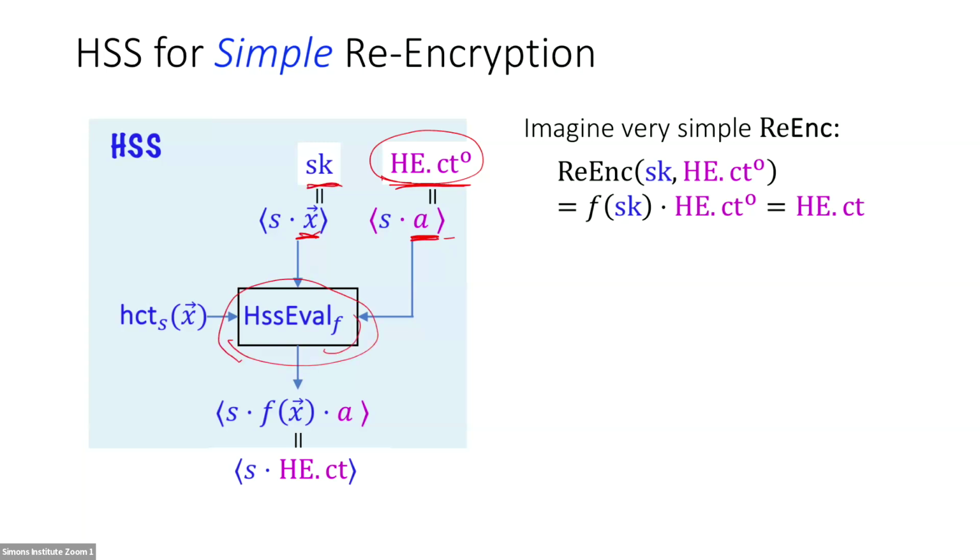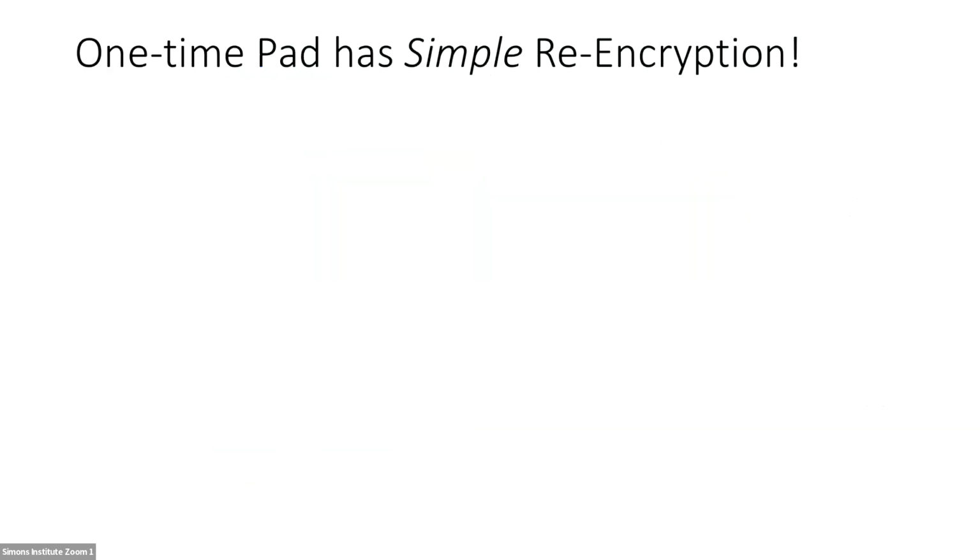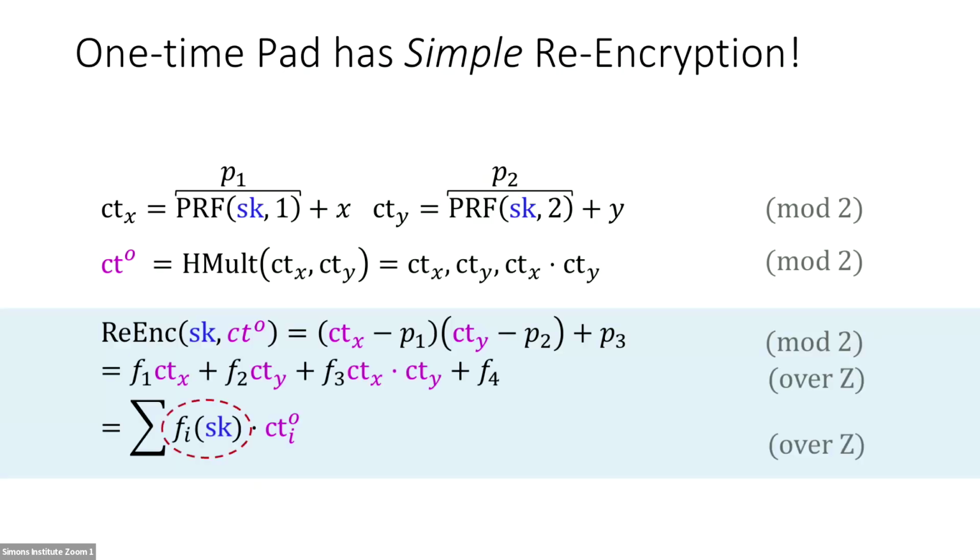And HSS takes responsibility of computing some complicated function of the secret. It can also do something slightly more complex, basically add an additional sum on top of this. So essentially, I need a homomorphic encryption where the re-encryption is a linear function on the ciphertext. And it turns out that one-time pad is such an encryption scheme.